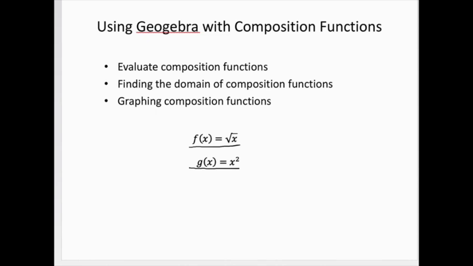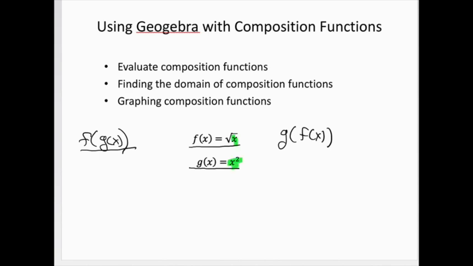So if I let f of x be the square root of x, and I let g of x be x squared, then we're going to find f of g of x. And then over here, we'll make some space. We'll do g of f of x over here.